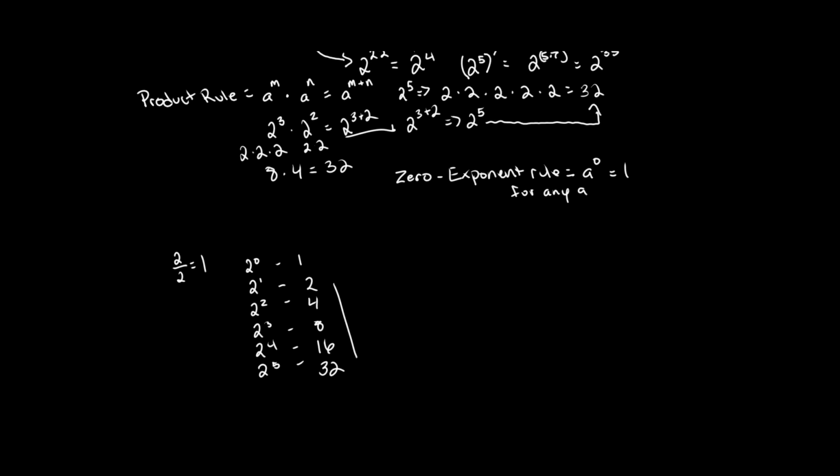Now, let's talk about something that's a little bit more complicated. About 2 to the negative 1, 2 to the negative 2. When we deal with negative exponents, what's going on there? Same pattern. If you follow this same pattern, what is 1 divided by 2? 1 divided by 2 is a fraction.